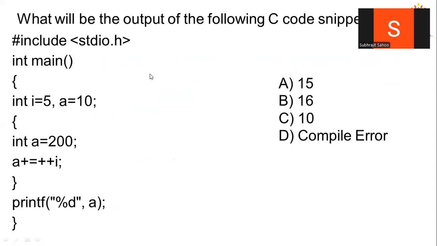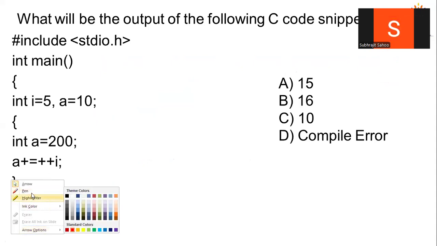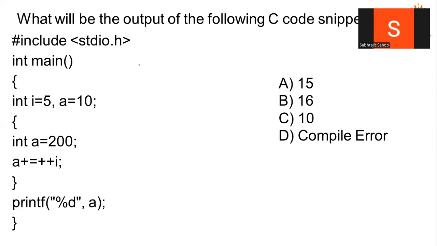So see here, what is the variable here? Now it's night, 12 o'clock, I think. Okay. Is this one here? i container value is 5 and a container value is 10.